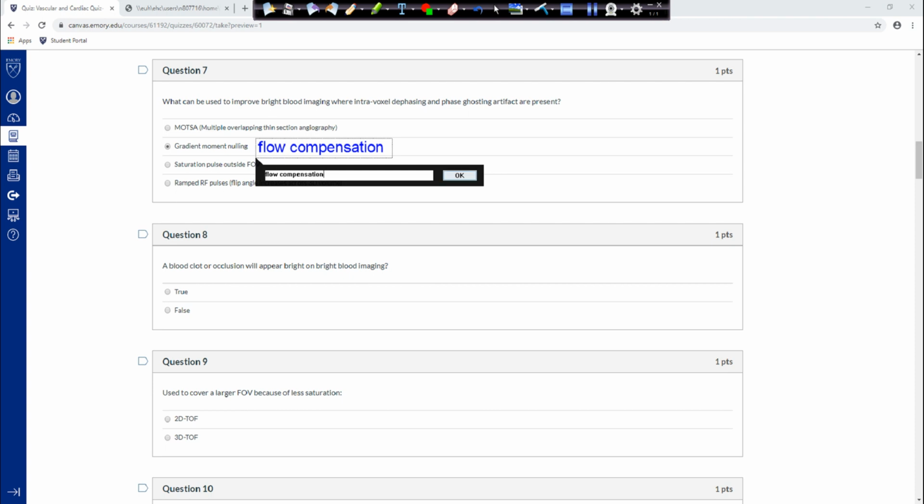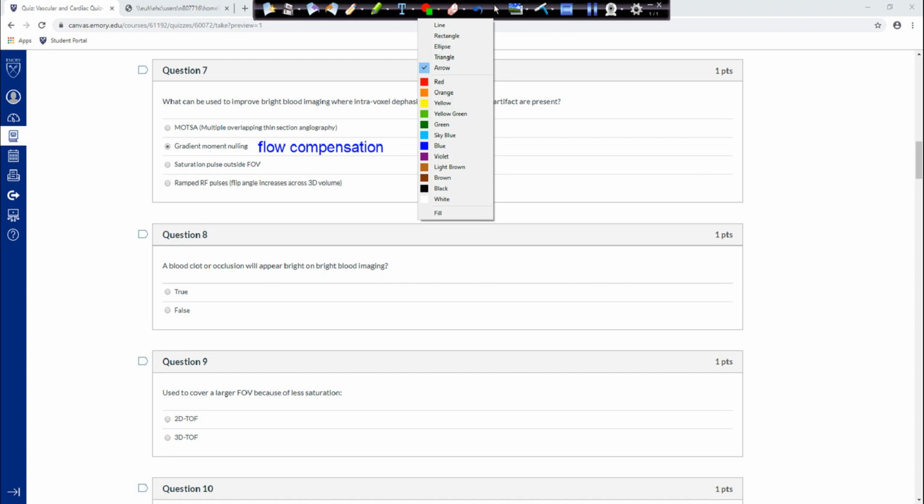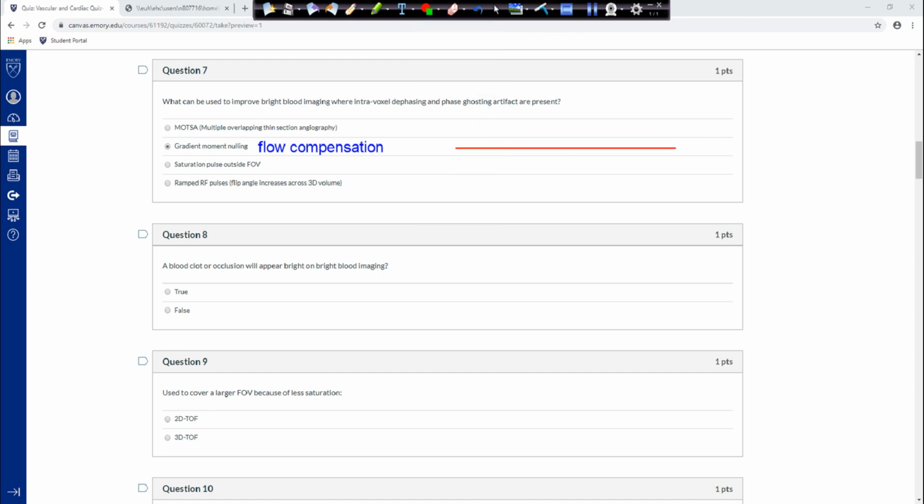But here, with gradient moment nulling, we're using a bipolar gradient system. So here's a line for our gradients. And we want to apply a gradient that has a -2 amplitude, and then a +2 amplitude.